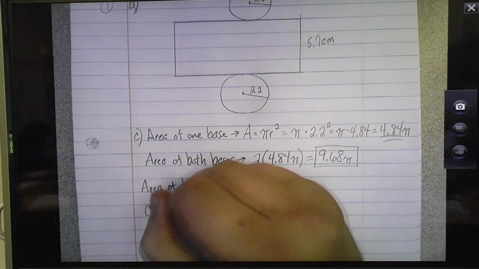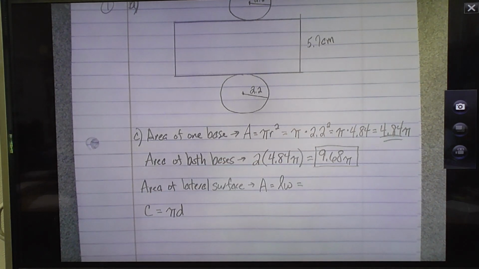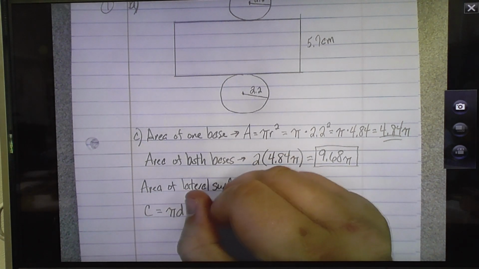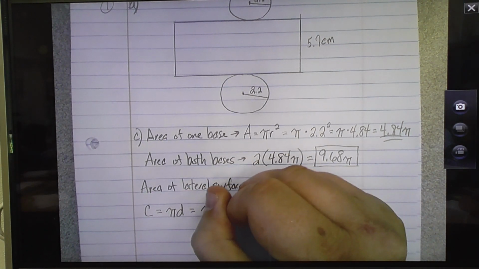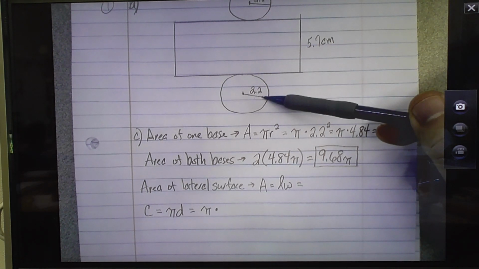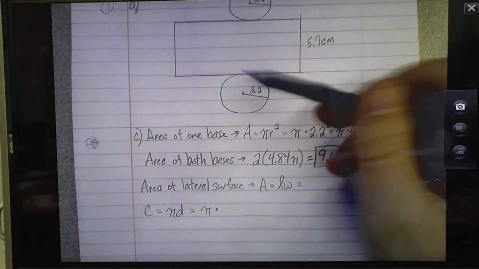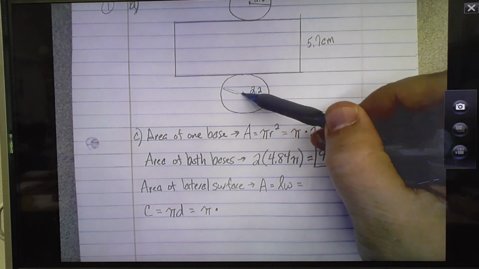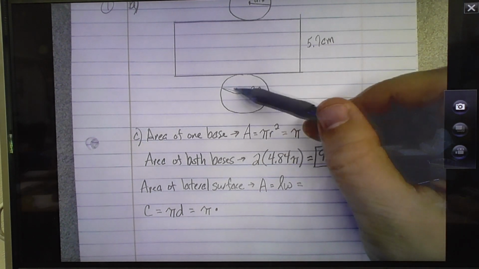Pi times the diameter. So pi d, right? Okay, so circumference is equal to pi d. Again, I'm leaving pi alone. I'm going to multiply it times the diameter. Is this the diameter? No, that's the radius. The diameter goes all the way across, so that's this one plus another one like it.